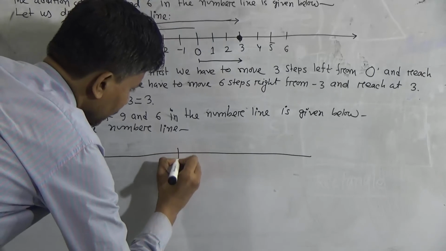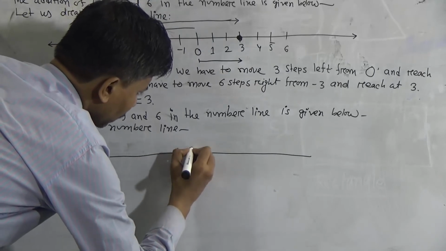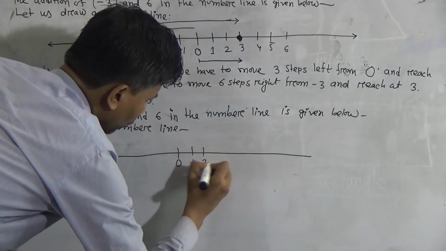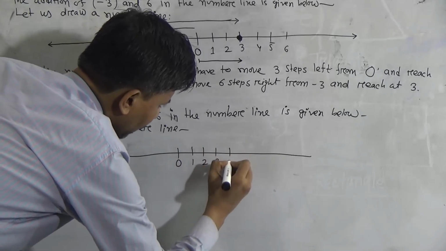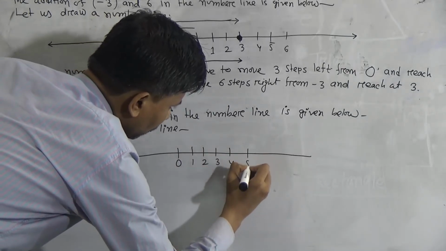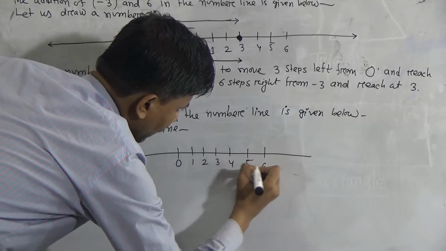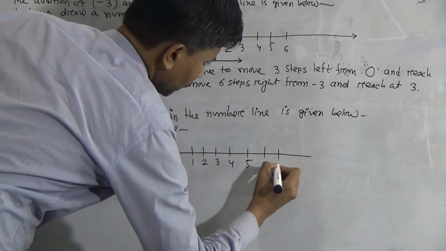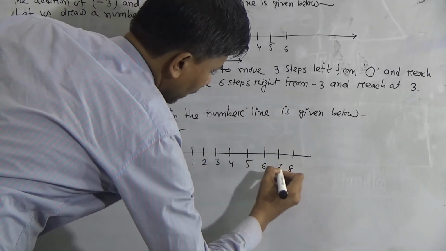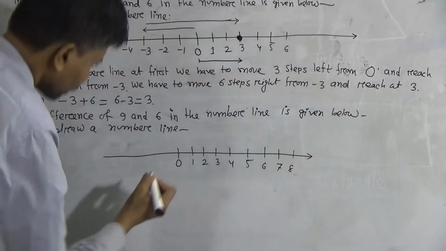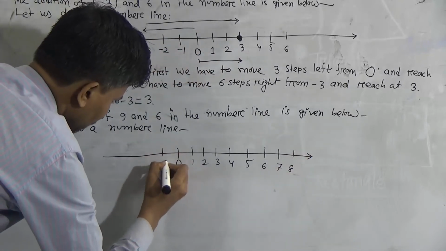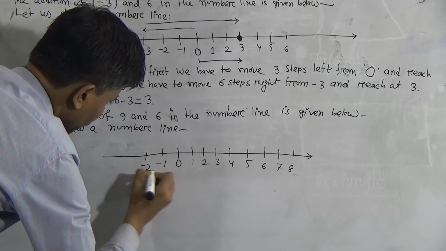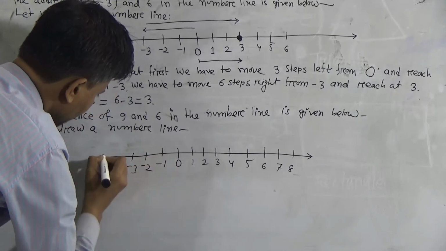That means this is 0, 1, 2, 3, 4, 5, 6, 7, 8. Okay student? This is -1, -2, -3.